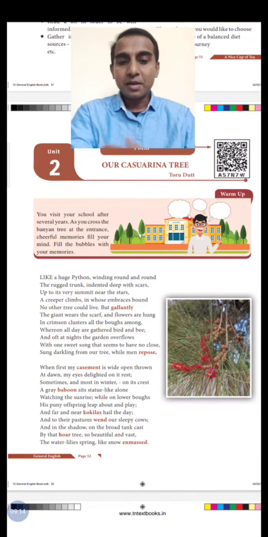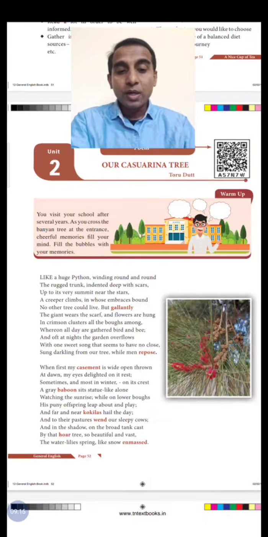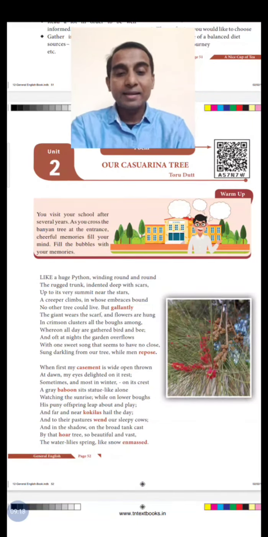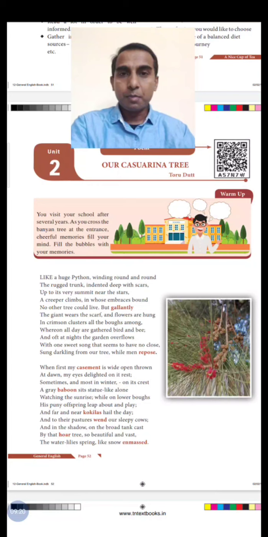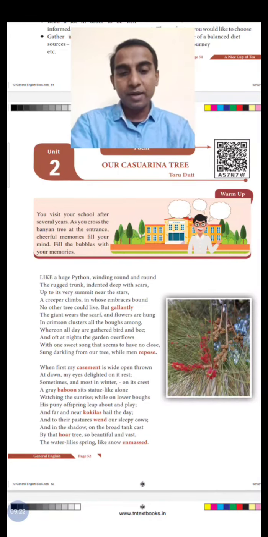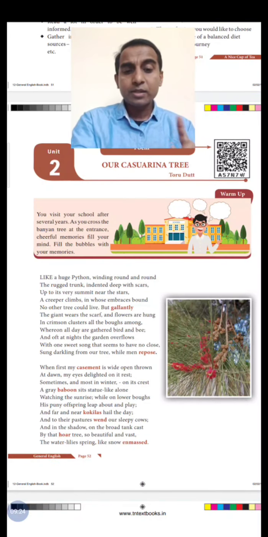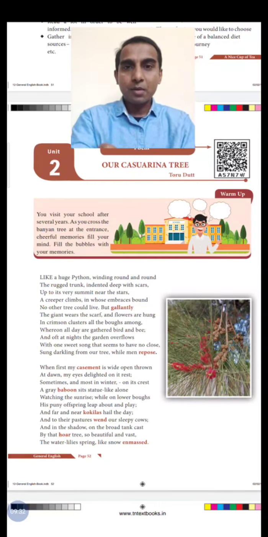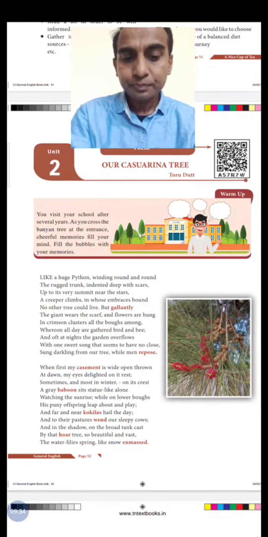No other tree could live. The next line: but gallantly, here meaning bravely or heroically, the giant wears the scarf, and flowers are hung in crimson clusters. Very boldly, courageously, the tree is holding the scar mark which is given by the creeper.